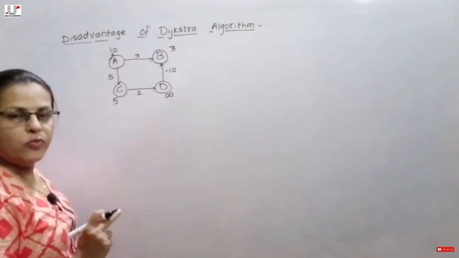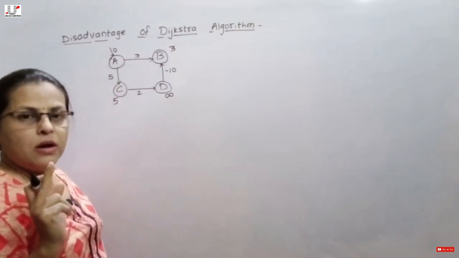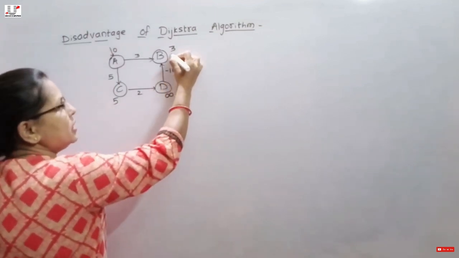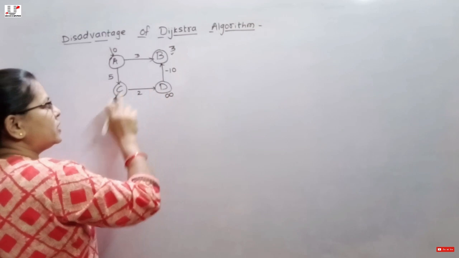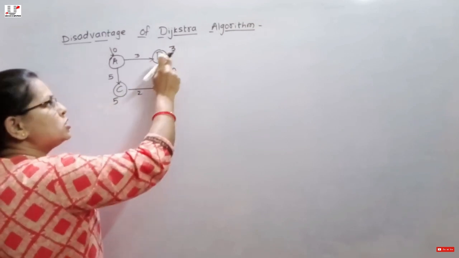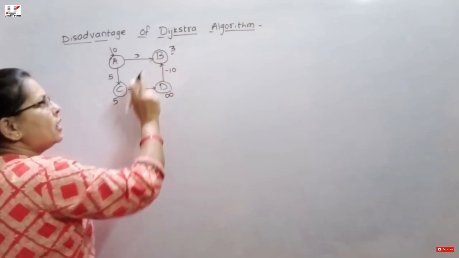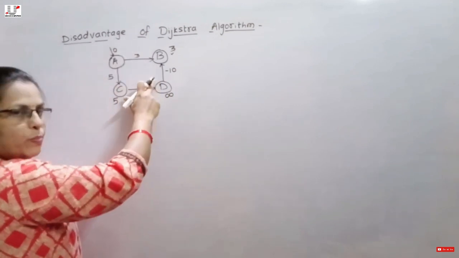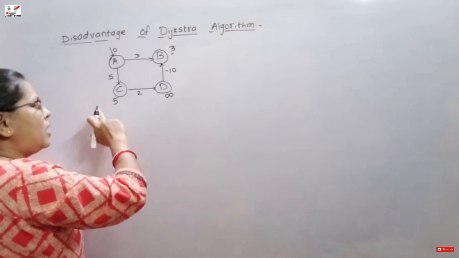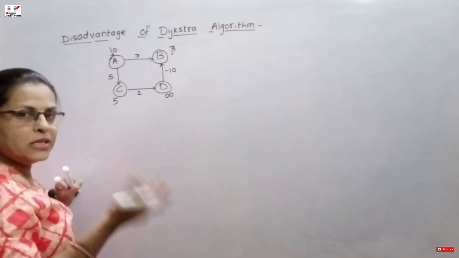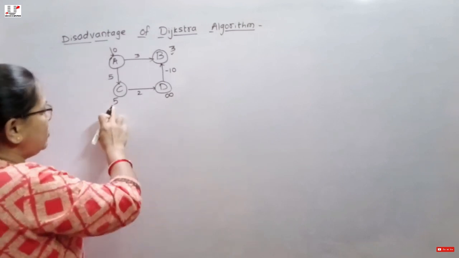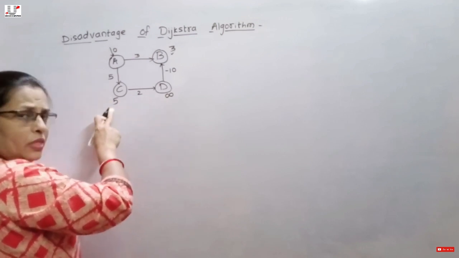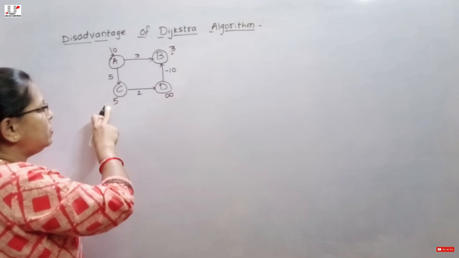Dijkstra says that we always have to select the edge with minimum weight. So here 3 is minimum among 3, 5 and infinity. So select that B. But as there is no outgoing edge from B, Dijkstra selects the next shortest weight from 5 and infinity. 5 is the edge with minimum cost.